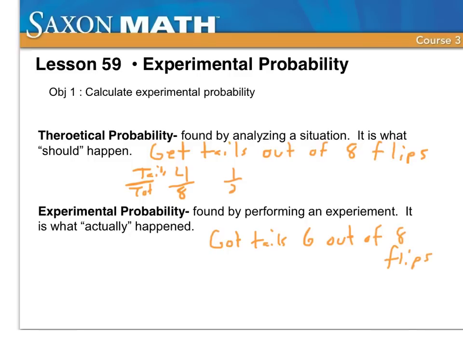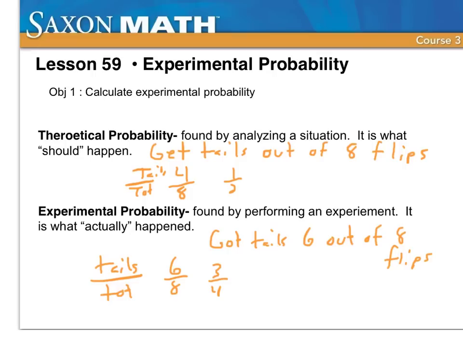Then my experimental probability of tails over the total would be 6 out of 8, or 3/4 of the time. Now, that isn't what theoretically should happen. If I flip a coin 8 times, I shouldn't necessarily get tails 6 times and heads twice, but it is possible. So again, theoretical is what should happen. Experimental is what actually happened.